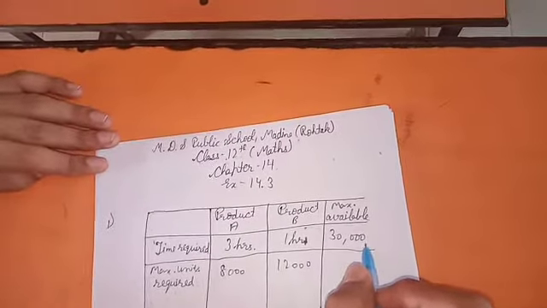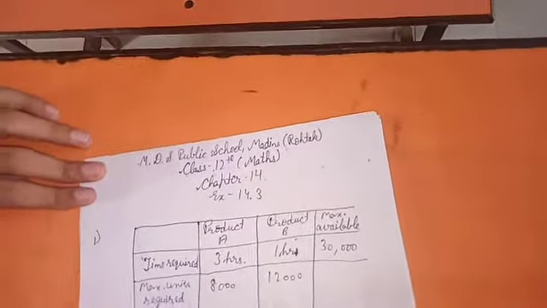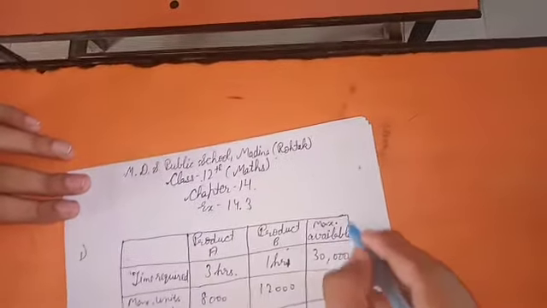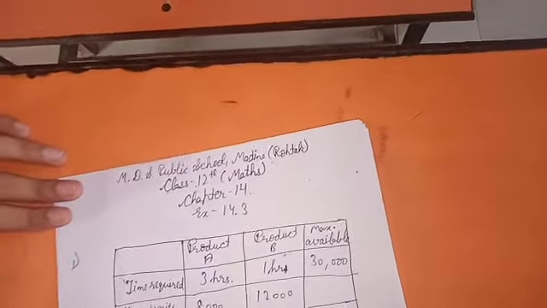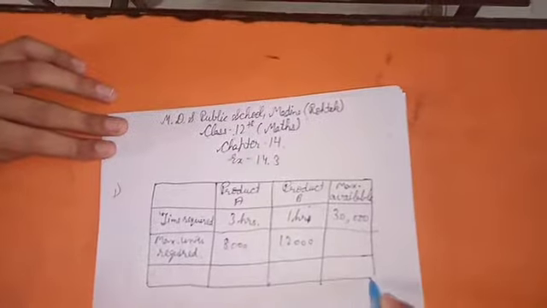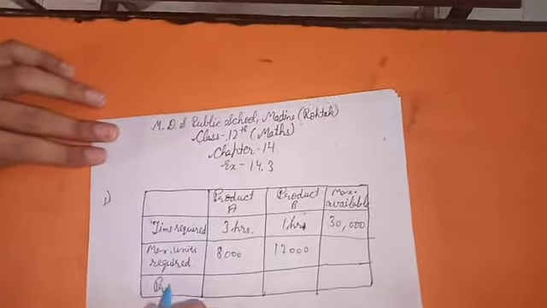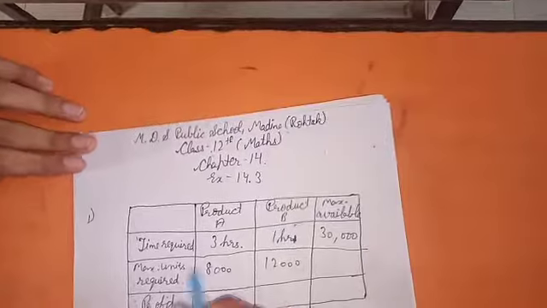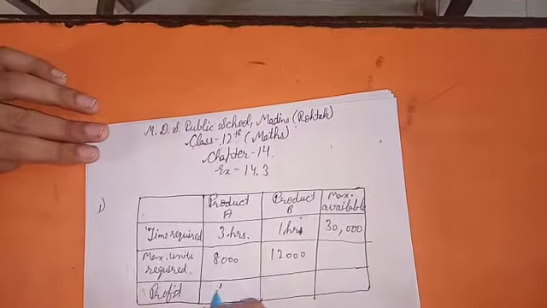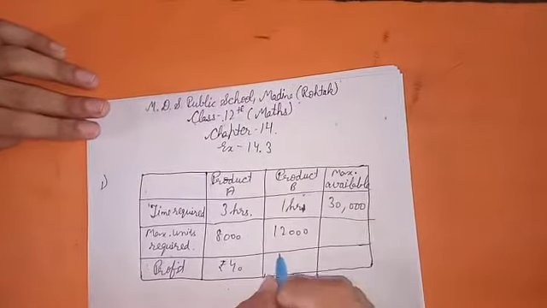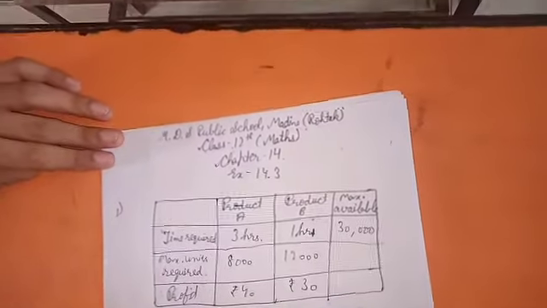Also they have given the profit. So it will be our table. Here we write the profit they get from product A is rupees 40 and from product B is rupees 30.